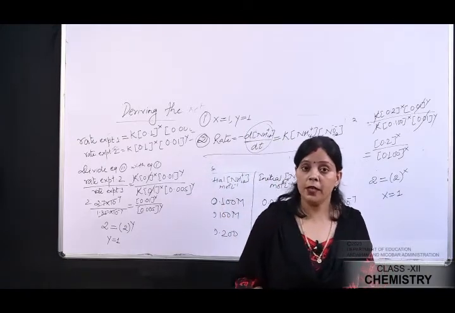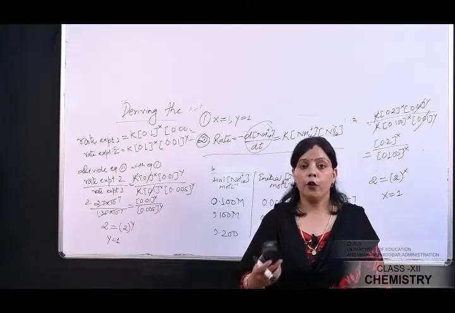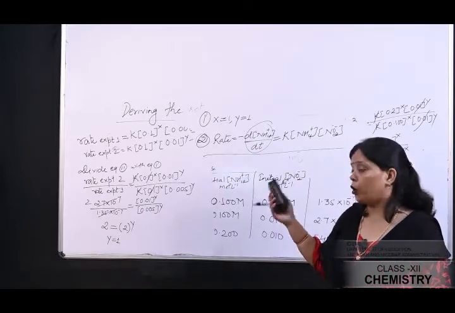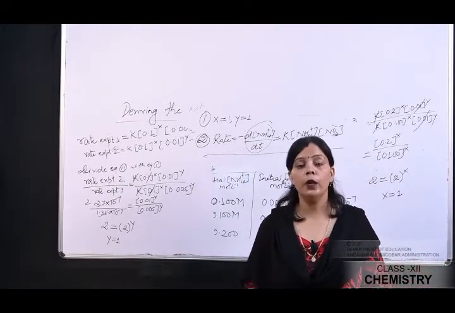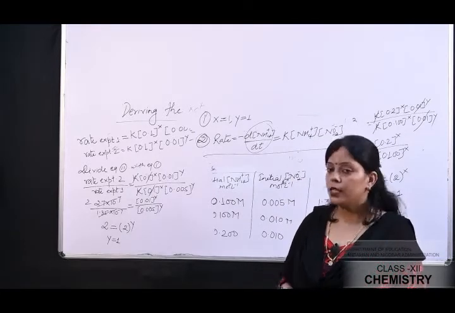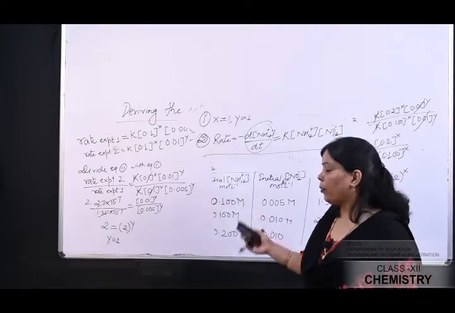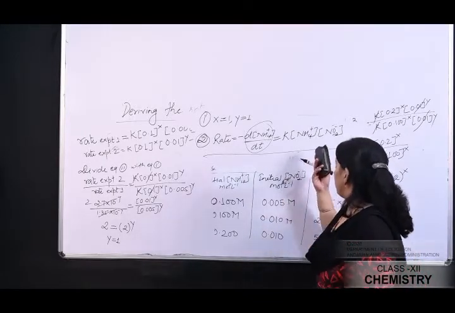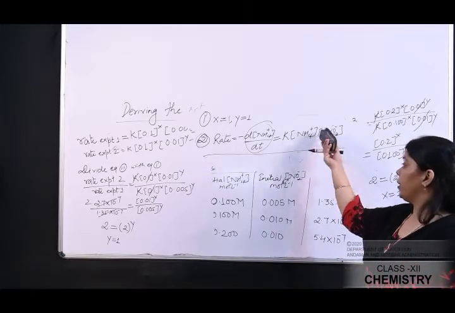The experiments are carried out using different initial concentrations of the reactant, and the initial rate is also determined, and after that we get the result. The results are then analyzed to see how the rate of the reaction changes with changing initial concentration of the reactant, and with the help of these kinetic data we are able to determine the value of the rate exponents, that is x and y, of the 2 reactants.